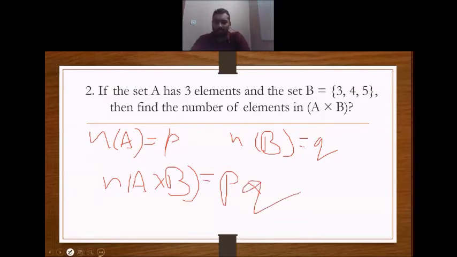So what is the meaning? Number of elements in A cross B is number of elements in A into number of elements in B.